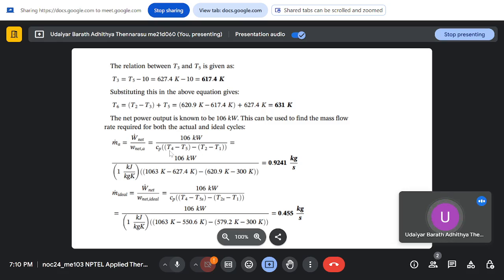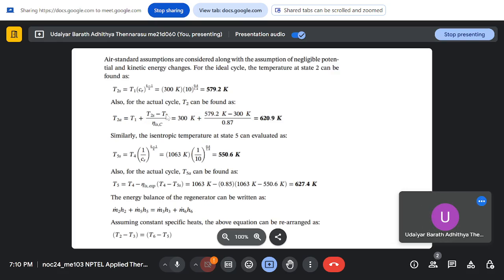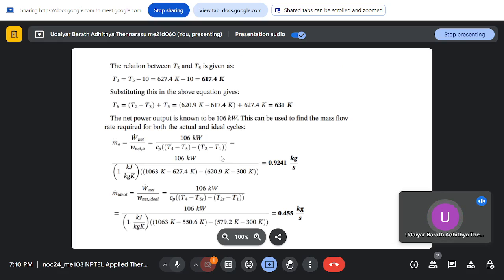Cp, assuming 1 kilojoule per kg Kelvin, actually is 1.005. So here, 1 into T4 is 1063 minus T5, which we calculated as 627.4, and T2 is 620.9, which we calculated from the compressor outlet temperature, minus T1 is 300 Kelvin. So this comes out to be 0.9241 kg per second.